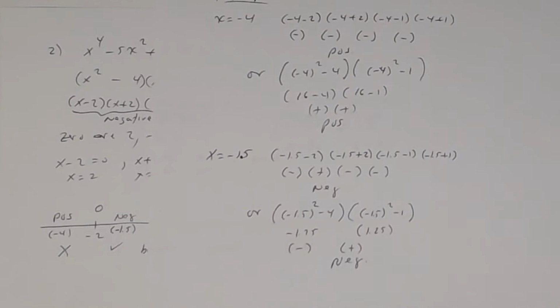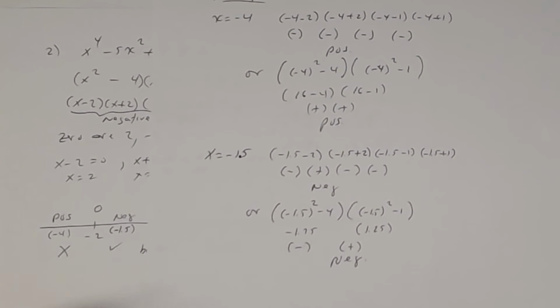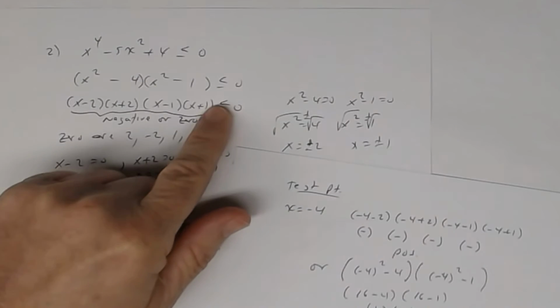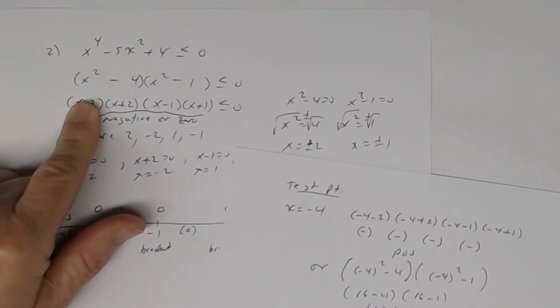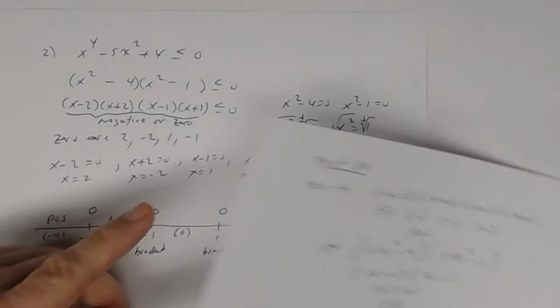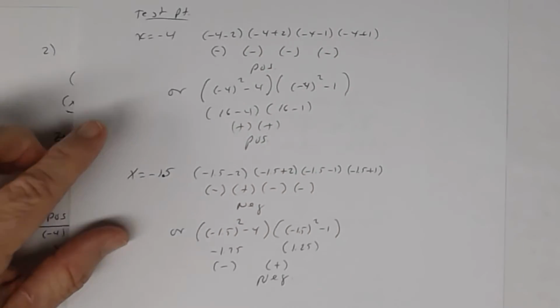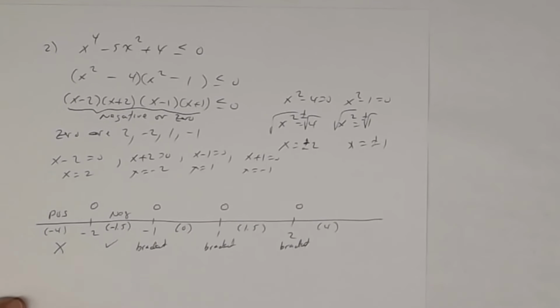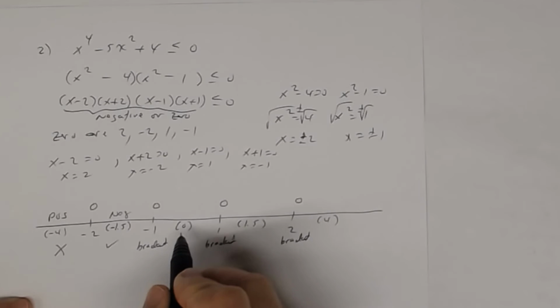All right. So you just have to be careful, depending on whether you factored partially or you factored completely. If you factor completely, then it's a little bit easier to deal with. All right, so this is negative.